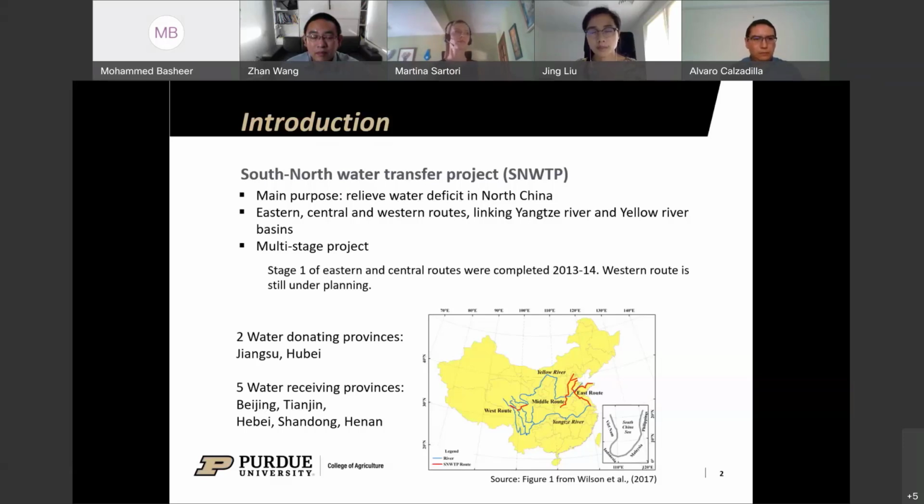Of course, a major proportion of the water transferred will not be used for agriculture. If you see the receiving places, they are mainly the capital city and the surrounding area with high density of population and GDP.